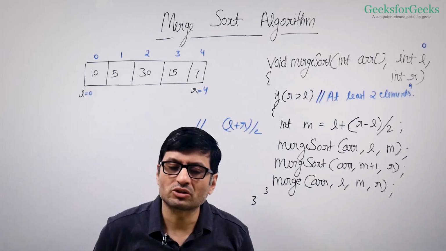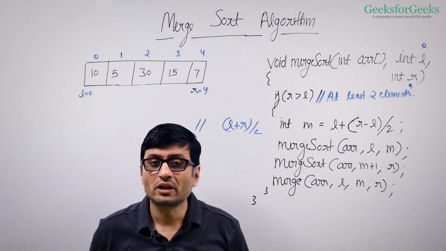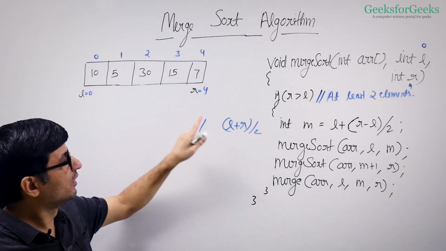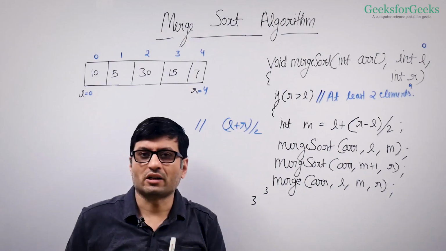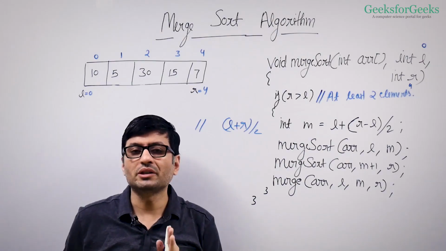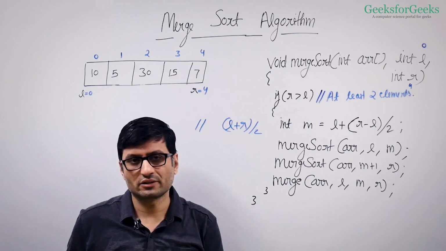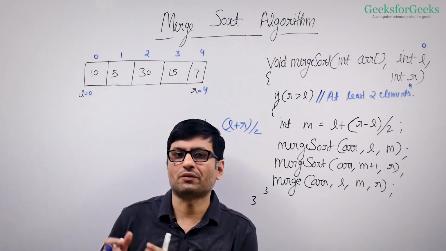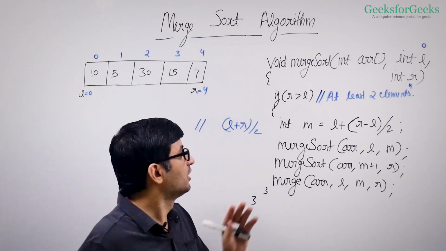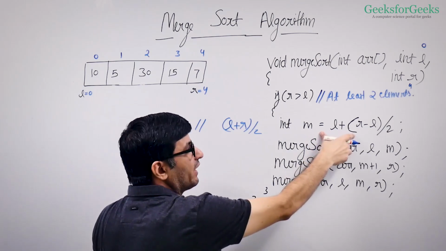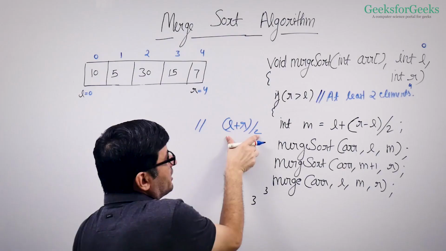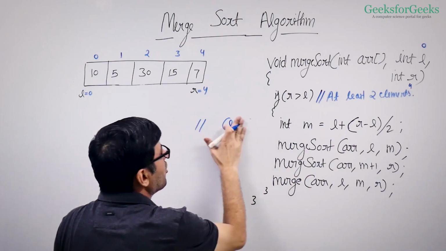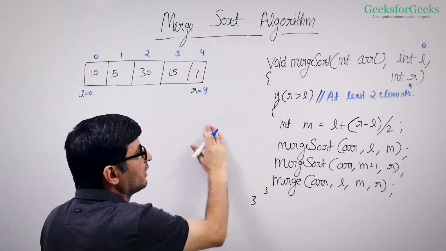In merge sort and binary search algorithms, if they compute (L plus R) by 2, and if L and R are high, then there might be overflow for large arrays. If you are not getting it now, we'll discuss it in detail after we discuss the merge sort algorithm. But the meaning of this expression is the same as this. The only purpose here is to avoid overflow.